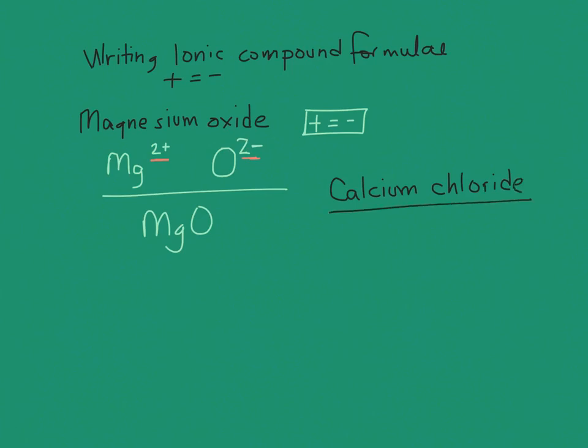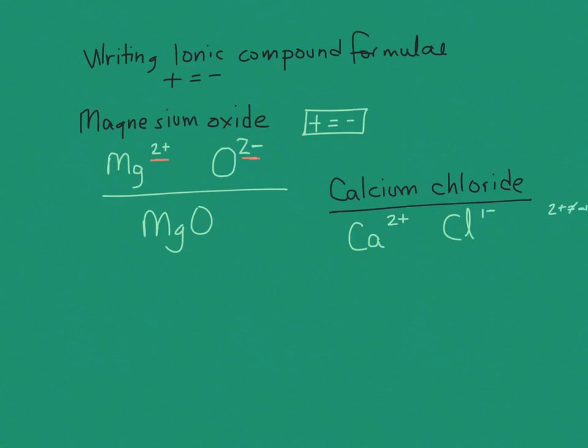So find it on the periodic table, and you find calcium as the ion is 2+. Chloride is Cl. It has a -1 charge. Okay, and note, chloride by itself or oxide by itself is not oxygen, so it's not polyatomic. But now the pluses don't equal, so the 2+ does not equal the -1.